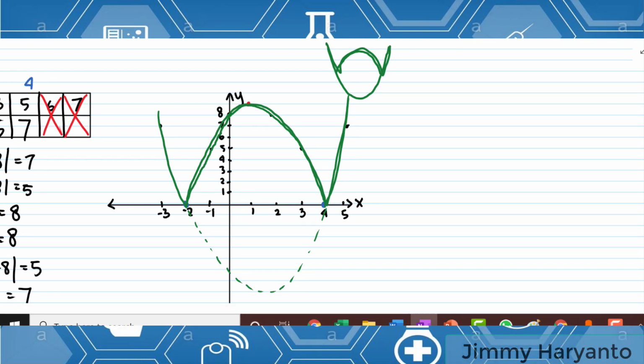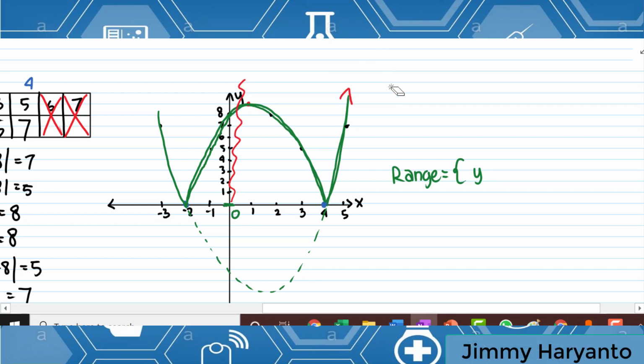The y ya, ingat ya, range itu set values of y, so you have to focus on the y. 0 is right here, the graph not passing below 0, so I can tell that the y-nya itu arahnya ke atas, dan ke atasnya terus ya, karena domainnya nggak dikasih tahu, dan dia bisa terus ke atas, berarti y greater than or equal to 0. Okay, if you don't understand about this range ya, you can ask me later in my meetings.